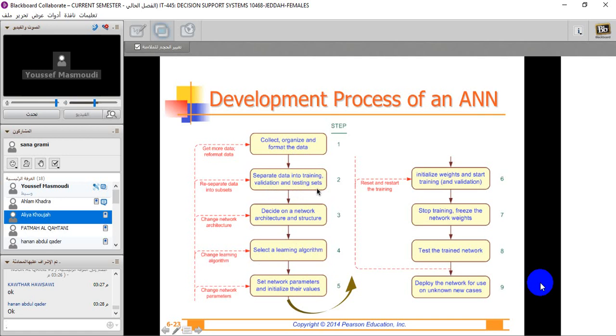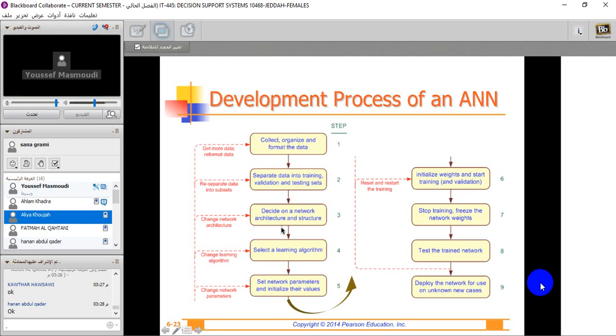So you have 3 groups: training, validation, and testing. Then, decide on a network architecture and structure. Which structure will you use? The self-organizing map, the multi-layer perceptron, the feed-forward. So you have to choose your network architecture.